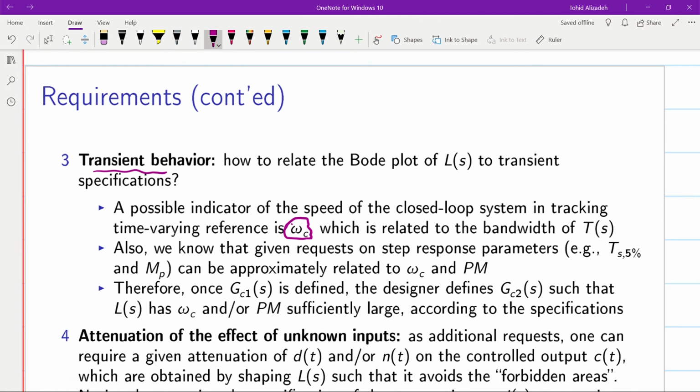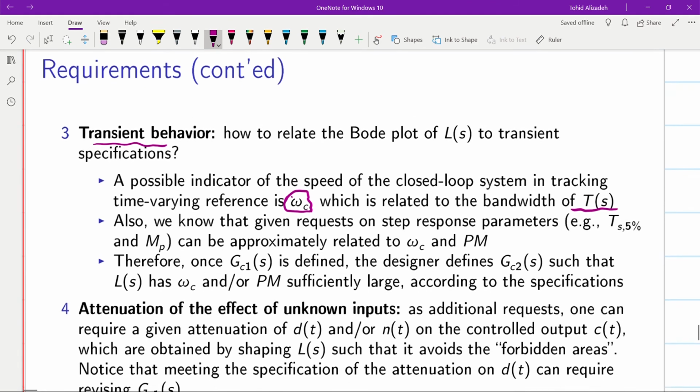The crossover frequency is an indication of the speed of the closed loop system. So if you want to have a fast response for your closed loop system, the omega c should be big. It's also related to the bandwidth of the closed loop system's transfer function, T of S.